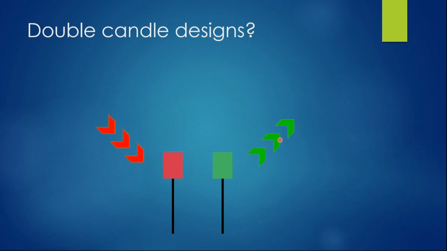I'll go to my next candle set, bullish tweezers. This also creates after a set of bearish candles and creates a small body bearish candle with a long lower wick, a long lower shadow.